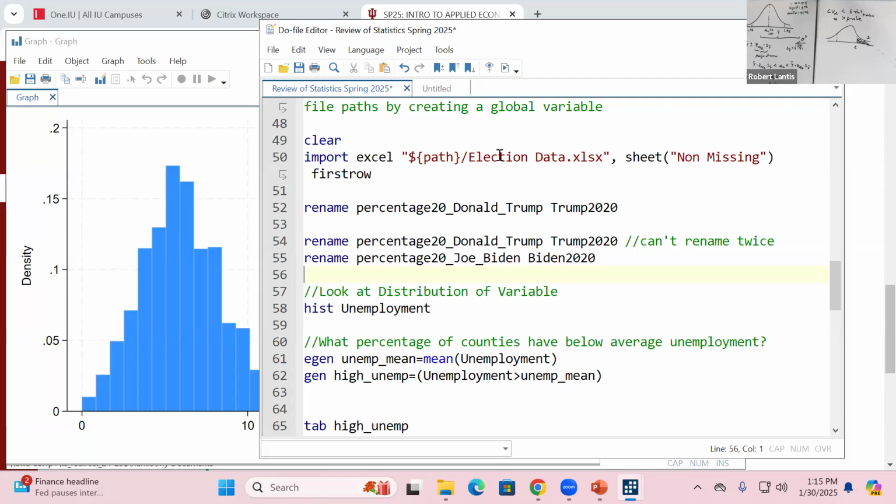I uploaded this data set, so you should have the exact same thing I'm working with. If for whatever reason you don't, you can look in the data and see what the variable is called. If you use the actual name of that variable, it'll be able to pick it up. Now, if you ran this whole code already, you'd already renamed them, and then it's not going to work.